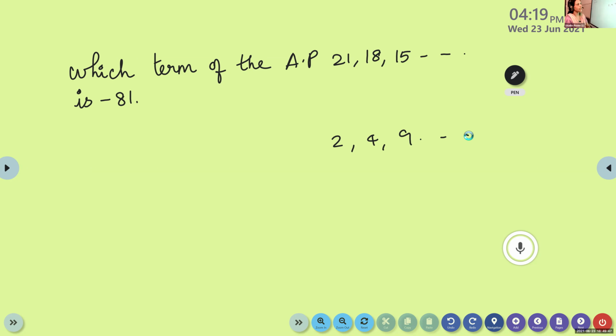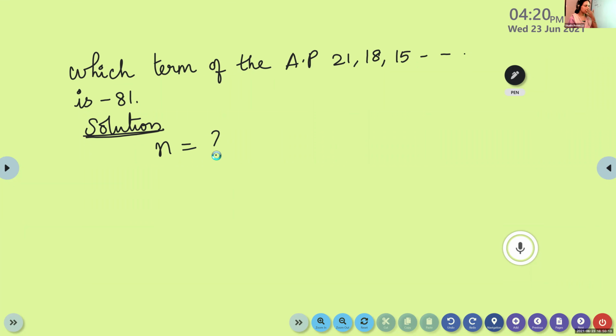Which term is 9 here? Third term. That means we are finding the position, isn't it? So which term means what you have to find? Position. Position means we want to find n.